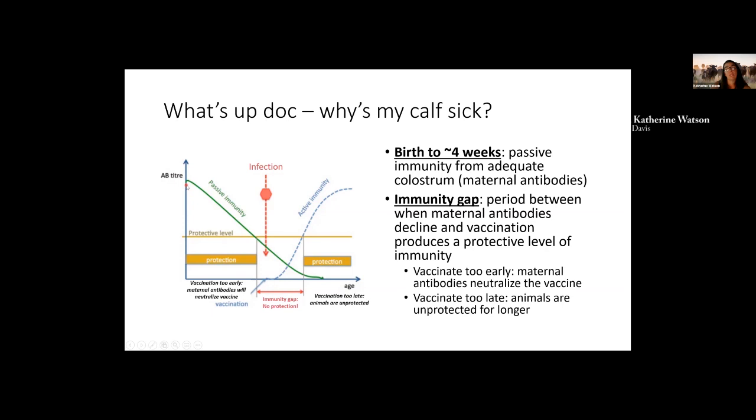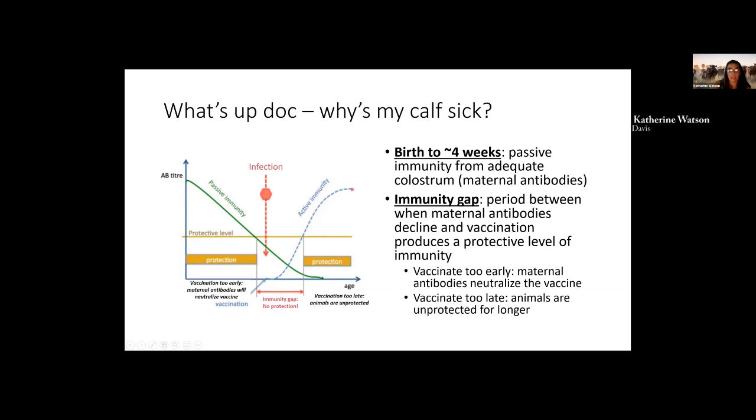That's called passive immunity. Over time, that is going to wane, right? The antibodies are going to break down and be filtered out. So you're going to lose those antibodies over time, but you're going to vaccinate the calf, and then the calf is also going to start making its own antibodies. So this is the calf making its own antibodies to some of the pathogens that may be in the herd.